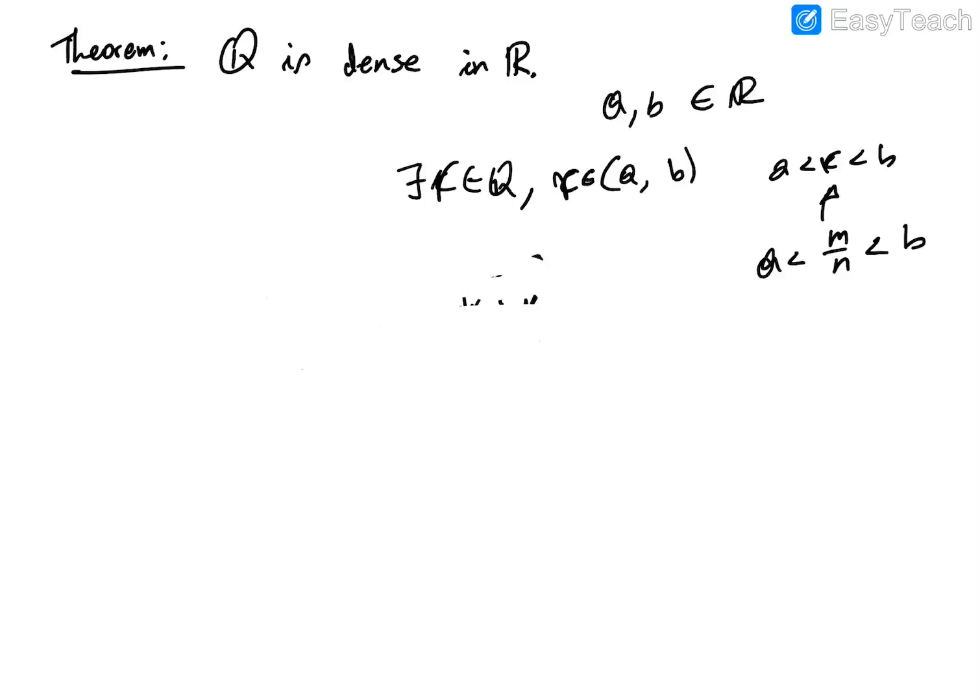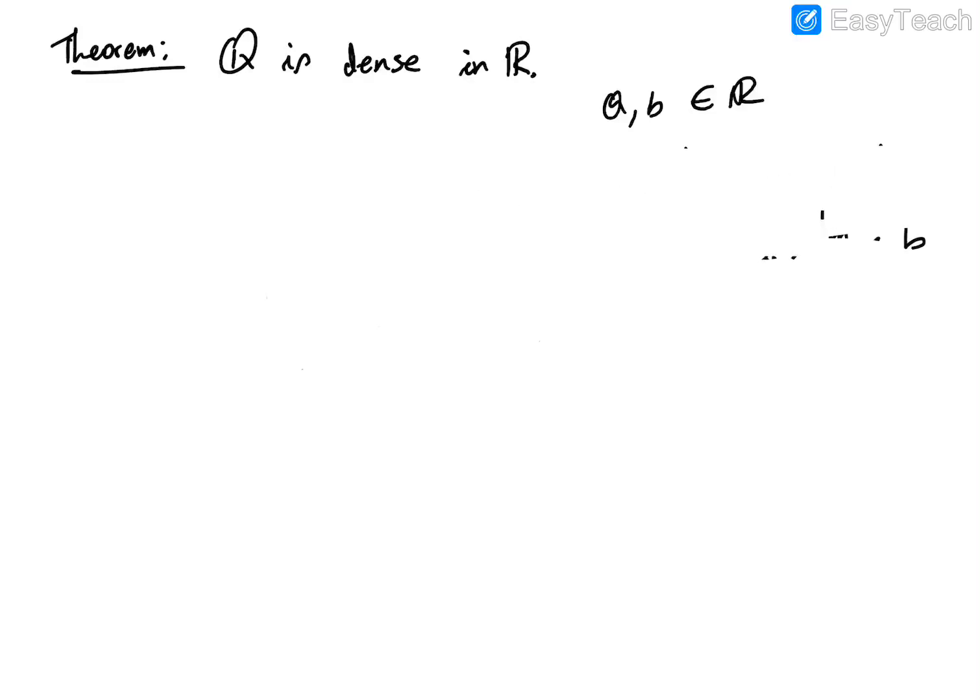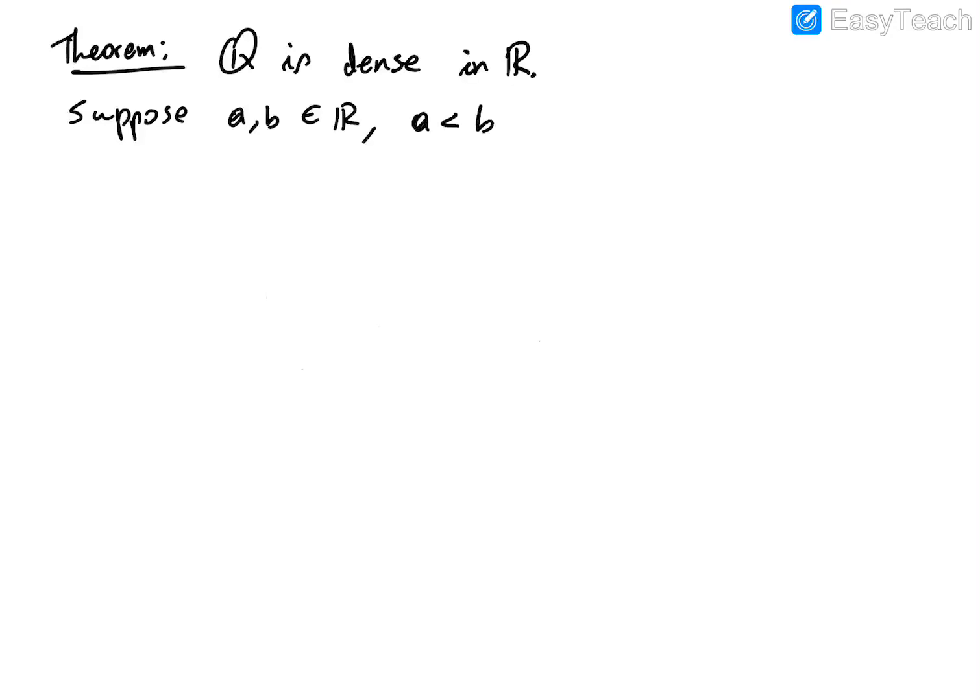All right. Also, if we can do it for the positive A and B, we sure can do it for negative A and B, okay? So suppose A and B are in just real numbers with A less than B, okay?